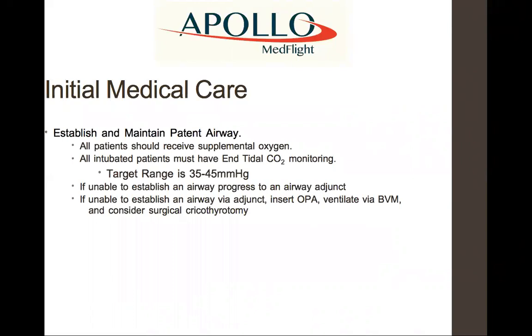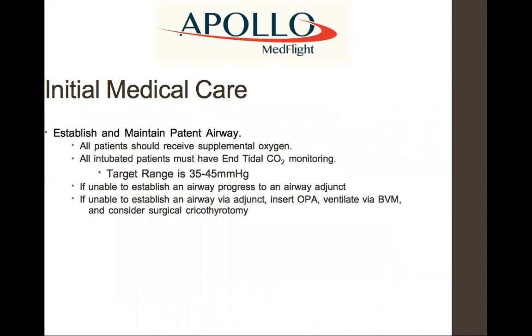A lot of the study data that comes out is we want to keep them at a low 21% if at all possible. But that's almost impossible even with some of our healthier patients when we bring them up to altitude. Even on the rotor wing, flying around at 1,000 feet, we still see some drop in SpO2 in our patients, and an alteration in our target range of end-tidal CO2 monitoring, which is 35 to 45.